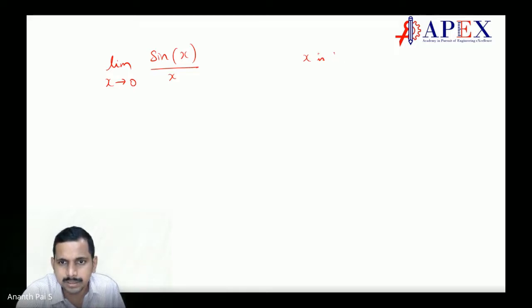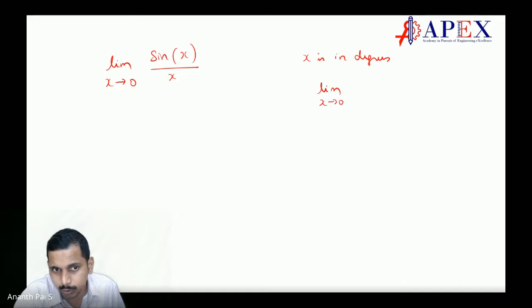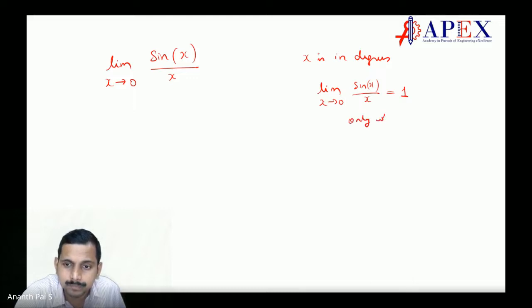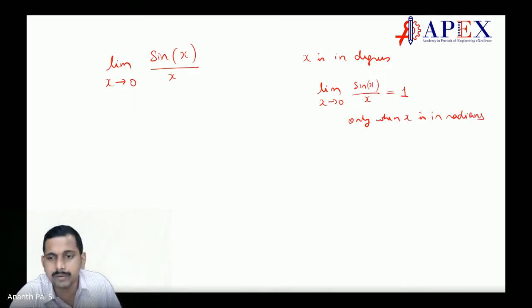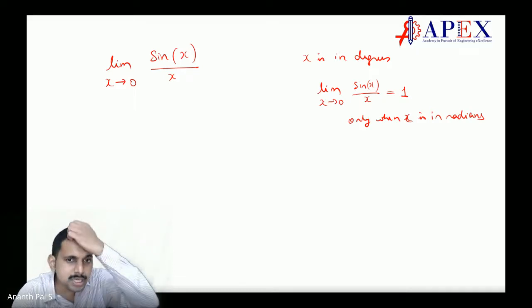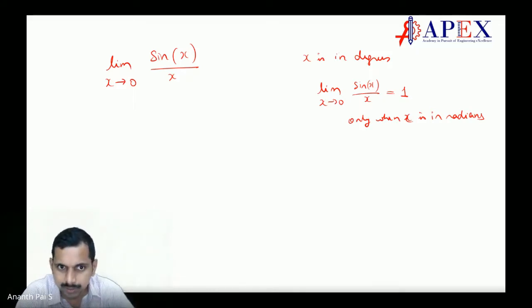Now, what is defined is that limit x tending to 0, sine x divided by x is equal to 1 only when x is in radians. Always keep in mind, whenever we say an angle, it is in radians. Now this one has to be converted into radians. What is x degrees? How do you convert into radians?